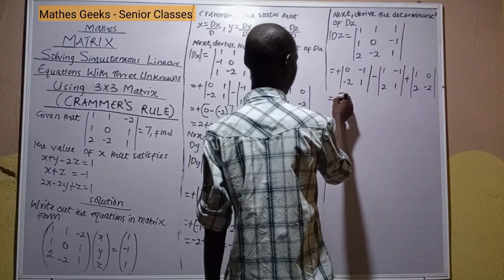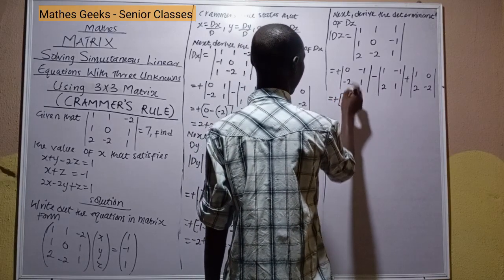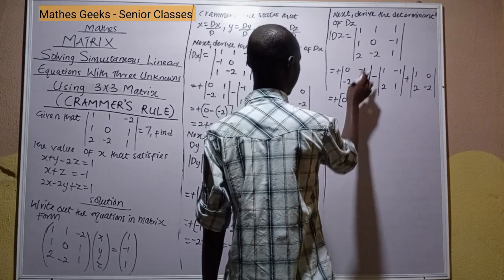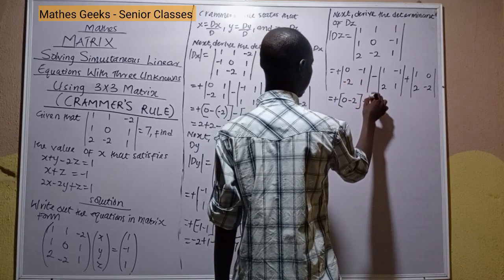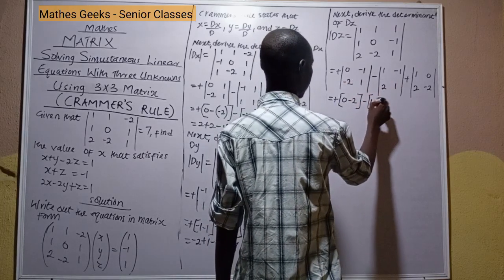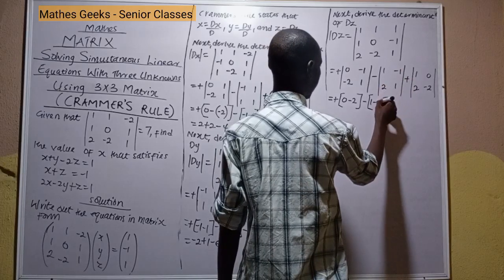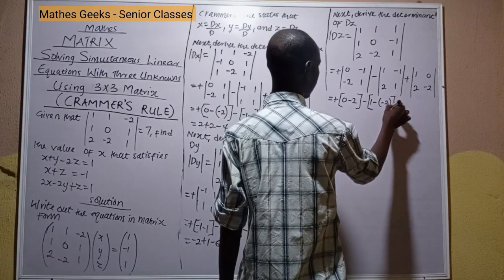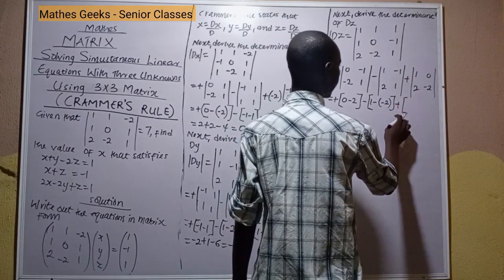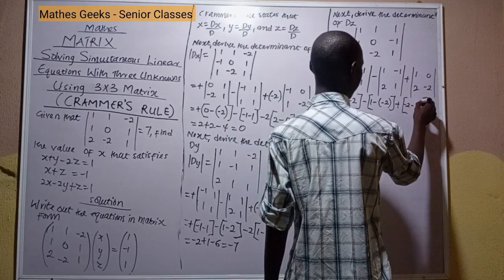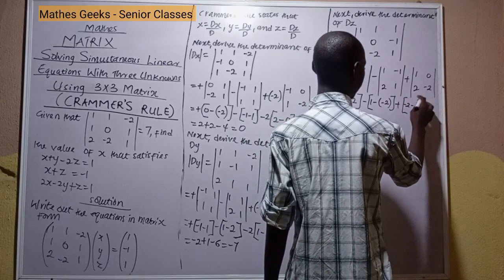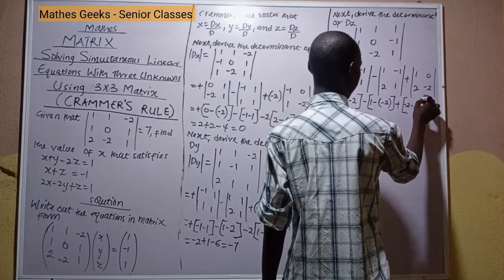So this, plus 0 times 1, 0, minus 1 times minus 2 is 2, minus 1 times 1 is 1, minus 1 times 2, minus 2, plus 1 times minus 2, minus 2, minus 0 times 2, 0.